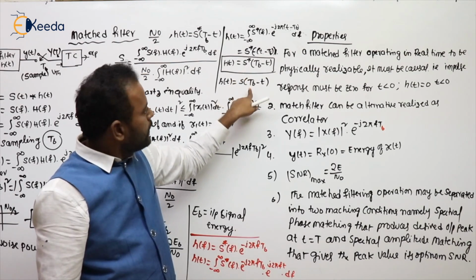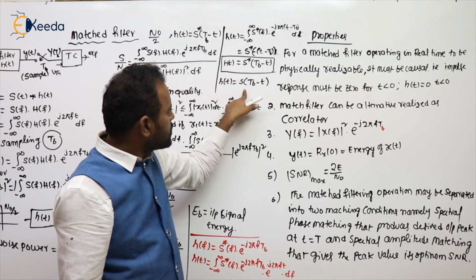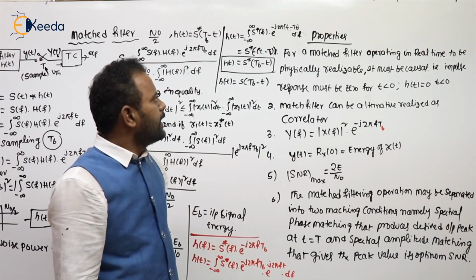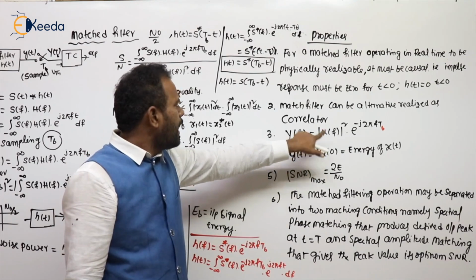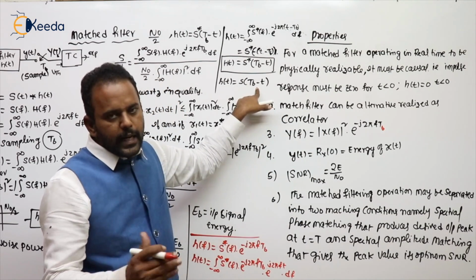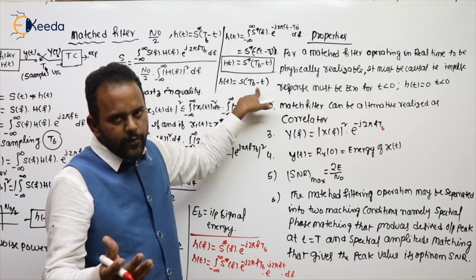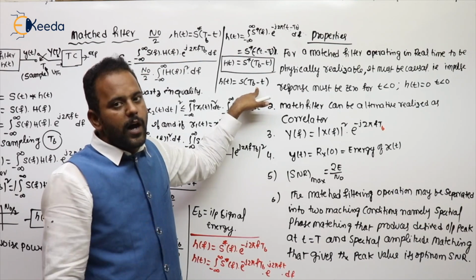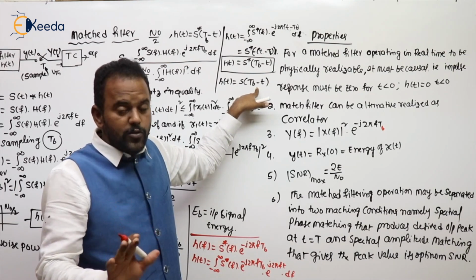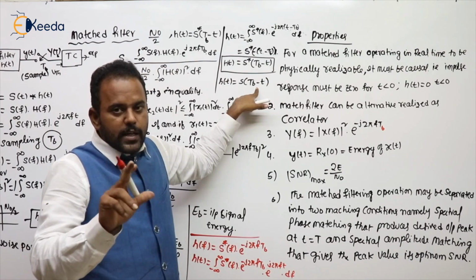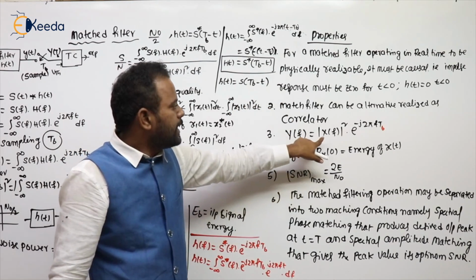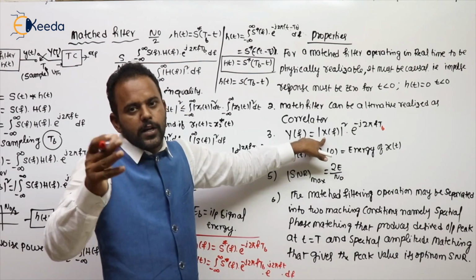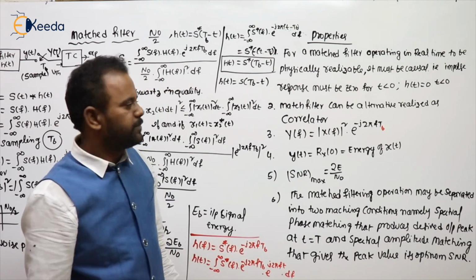So if you substitute this one and apply the Fourier transform, e power minus j 2 pi f TB will come. And this minus means the second function is s of minus f. S of minus f is also equal to x conjugate of f, because all Fourier transforms are complex conjugate. So x of f into x conjugate of f is mod x of f whole square.